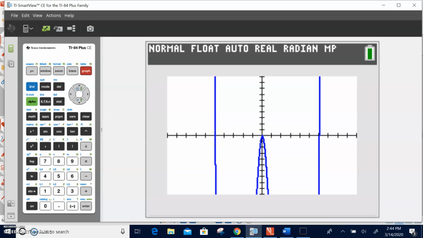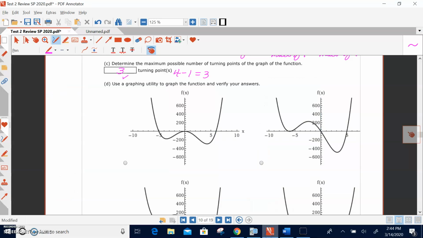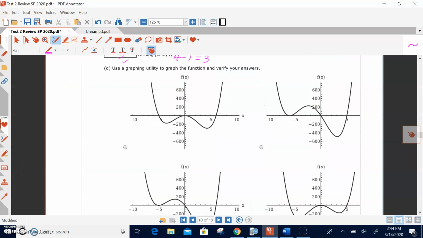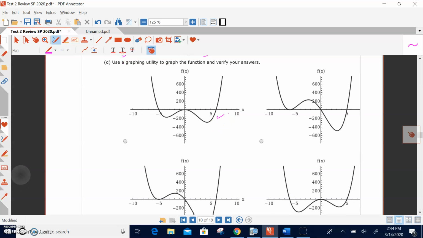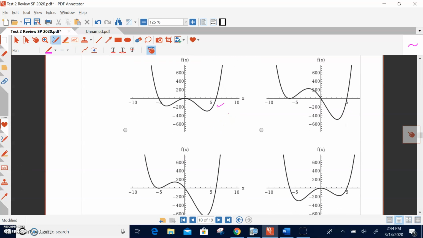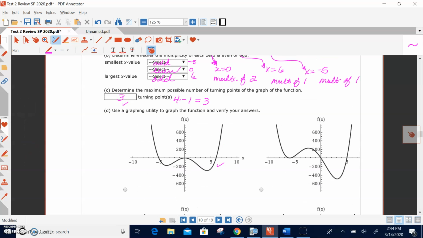Positive 6 and a negative 5. Let's check this out. Positive 6 and a negative 5. That one's in contention. That one won't work. This one doesn't have the right W shape. So positive 6, negative 5, that will be the graph.